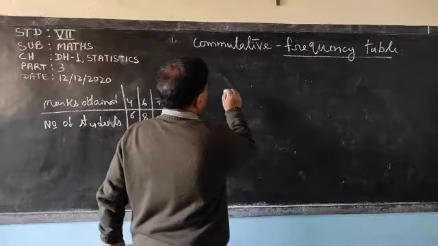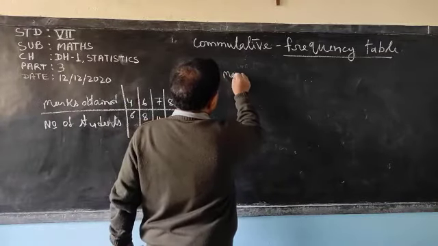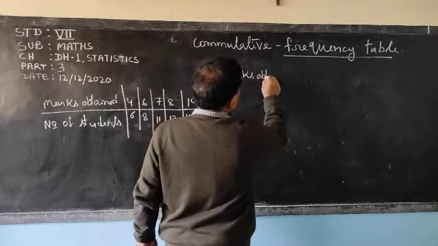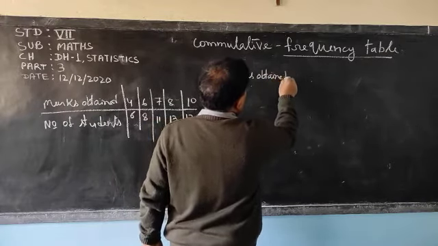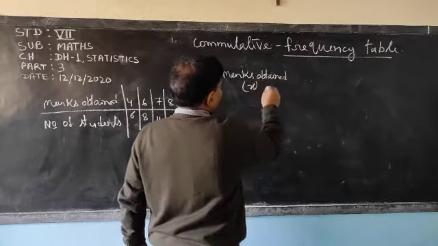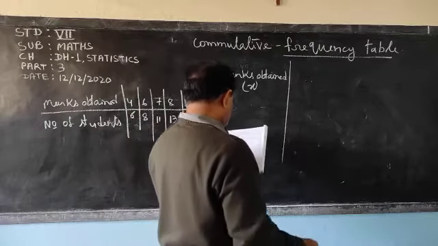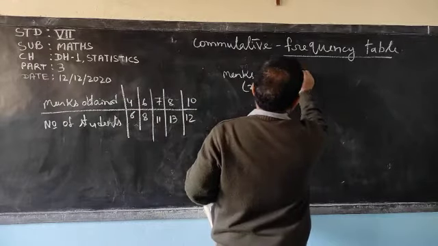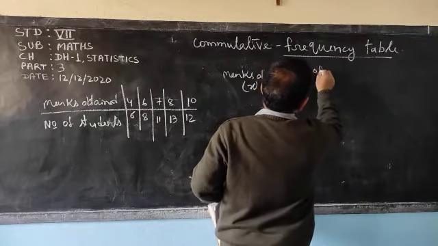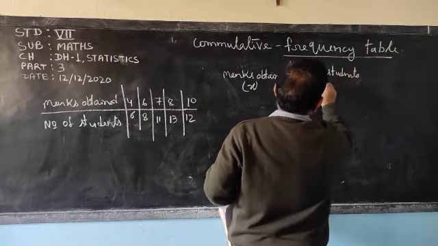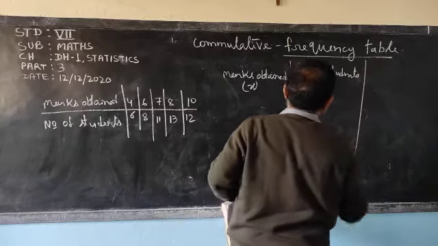Marks obtained, and that we write as X. Very clear. Next, number of students, which is our frequency.